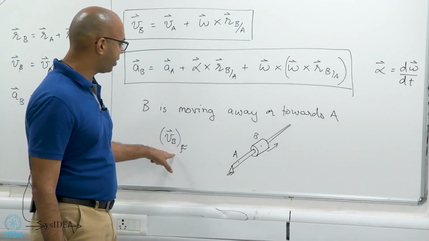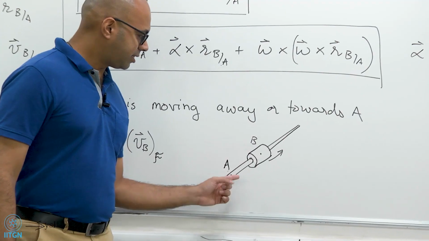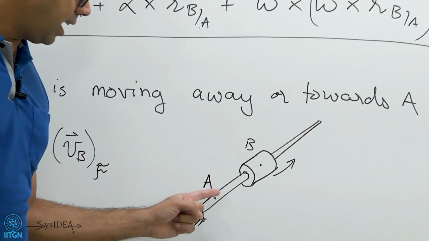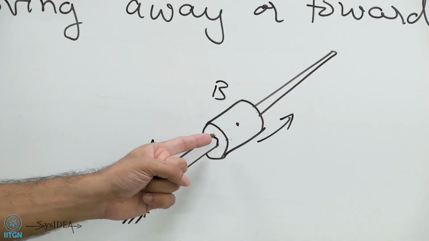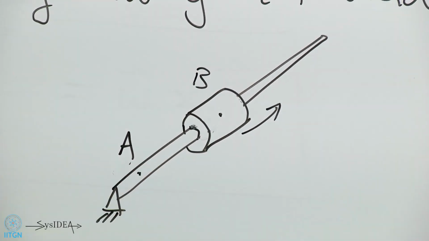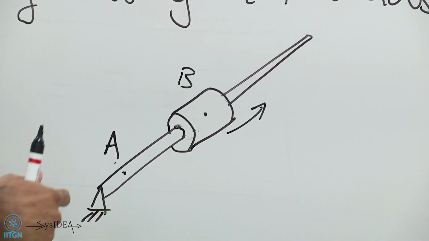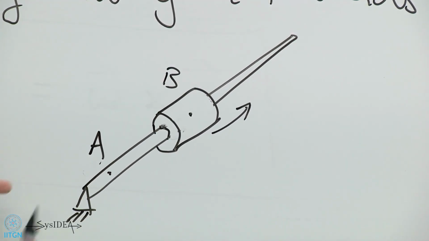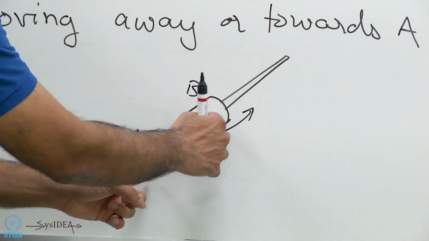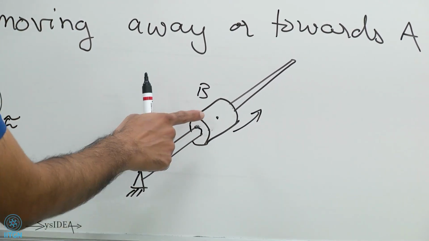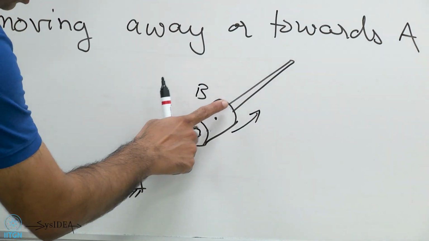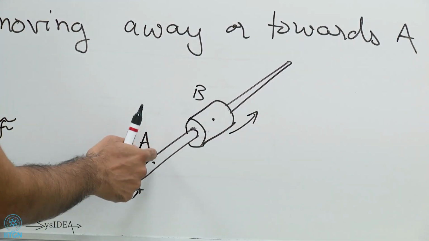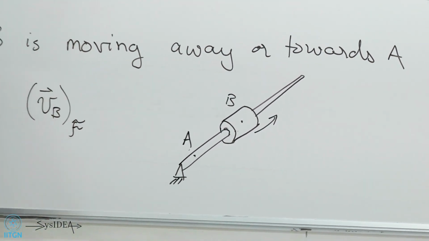And when I say rotating frame, the way to imagine it is, supposing there is a link and there is a sleeve that is sliding over it. Now this link you can think of as the rotating frame, and AB, now B is moving away from A, and that rate at which it is moving further away relative to this link is this velocity.